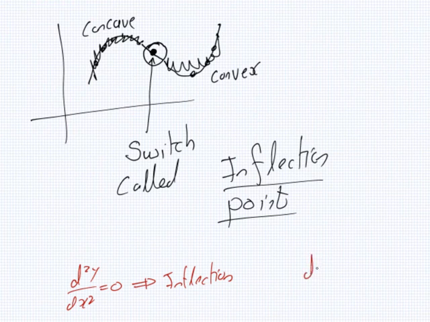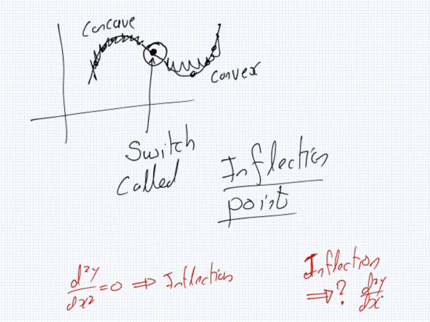But if you have an inflection point, and maybe you don't know it's an inflection point, it could be the case that the second derivative is not 0. And are there ways to know if you have an inflection point if this doesn't work? I'm afraid the only way to know is by drawing the graph. So if you can't tell, then the only way you can do this is by drawing the graph.